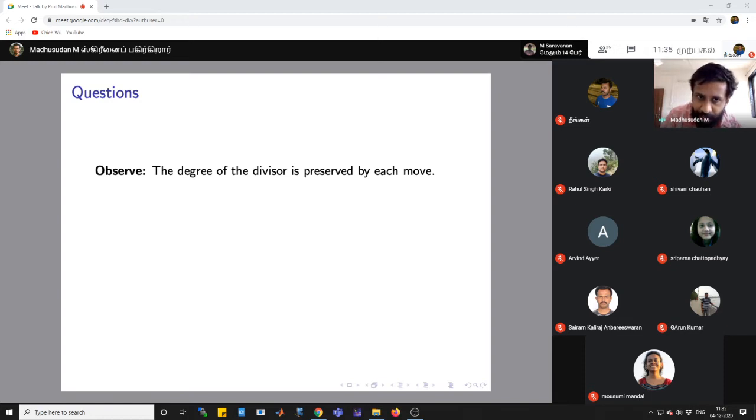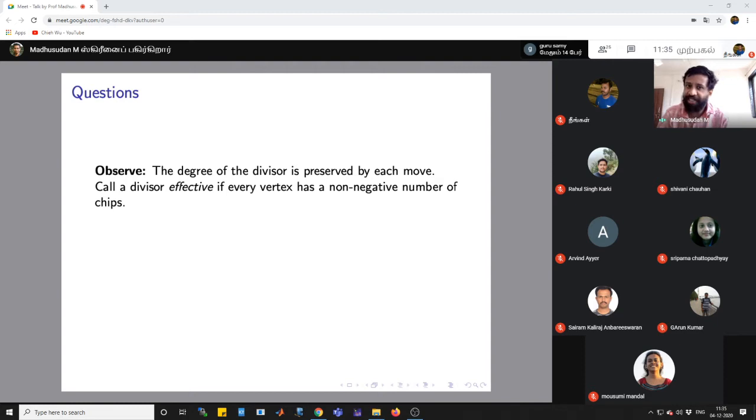And now you can ask a question. But before that, we identify what is called a good configuration or a good divisor, something more like an ideal to have, which is what we call an effective divisor. So we call a divisor effective if every vertex has a non-negative number of chips. This is the situation Arvind just asked about. So a divisor is called effective if every vertex has a non-negative number of chips.